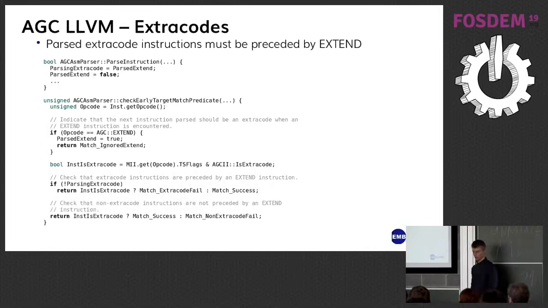The next time around when parse instruction is called, this flag is cleared and parsing extra code is set, indicating that the current instruction should be an extra code. Checking the isExtraCode bit after parsing the next instruction indicates whether the extend plus extra code sequence is followed correctly. I error on both an extend followed by a non-extra code and an extra code that's not preceded by an extend.